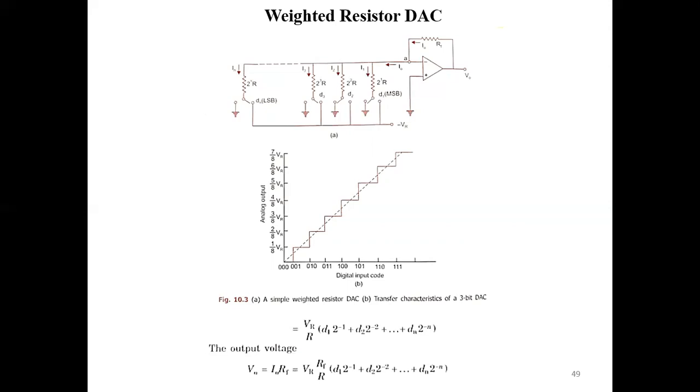In this concept, the V reference value is connected through switches. Here D1, D2, D3 are switches. When the D1 bit is 1, it is connected to the reference. If it is 0, it will be connected to the ground. In this way we define the digital input value.